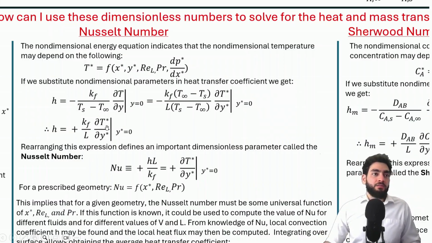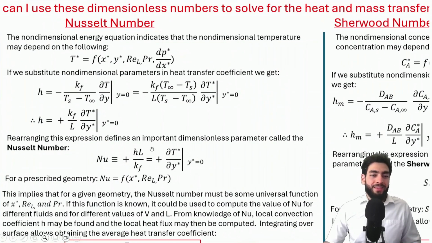So essentially the gradient of the non-dimensional temperature with respect to non-dimensional vertical distance evaluated at the vertical distance of 0, so at the surface.